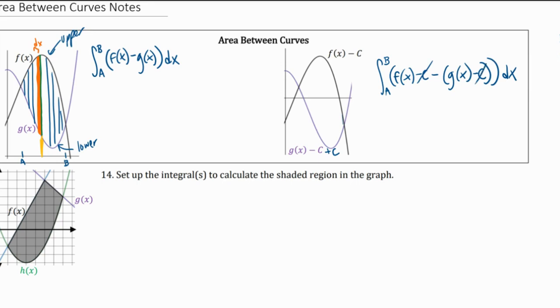Okay, so my point is that if you shift your functions up or down, it makes no difference. Your area is still the same, so you are still going to do upper function minus lower function, whether they have shifts, whether they're crossing the x-axis, below the x-axis, it doesn't matter. It's always going to be upper minus lower. Upper function minus lower function, okay?